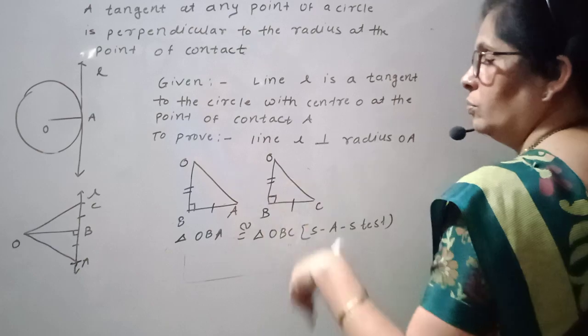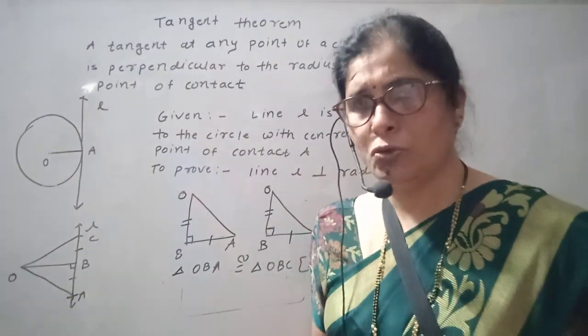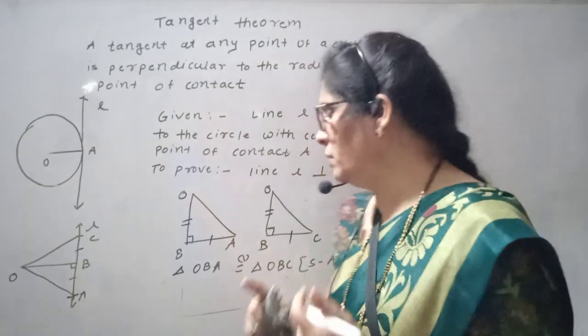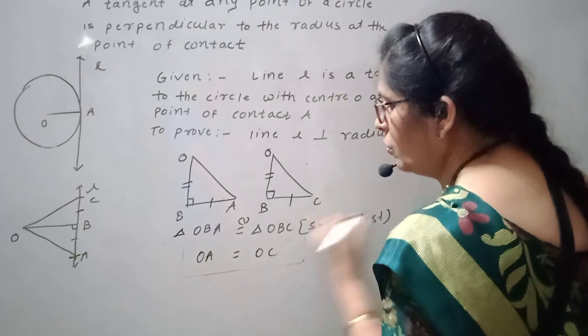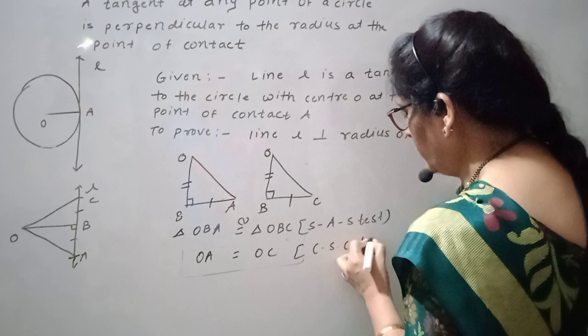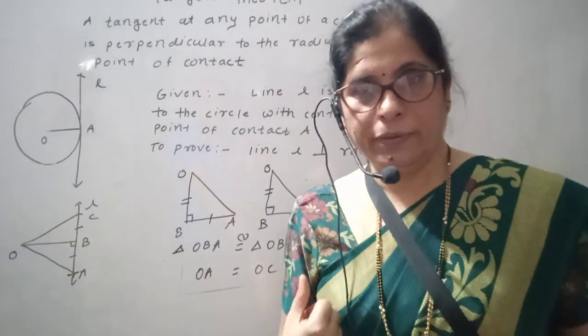Now, if these two triangles are congruent by SAS test, the remaining corresponding sides and angles are congruent. So the result is OA is equal to OC, corresponding sides of congruent triangles.